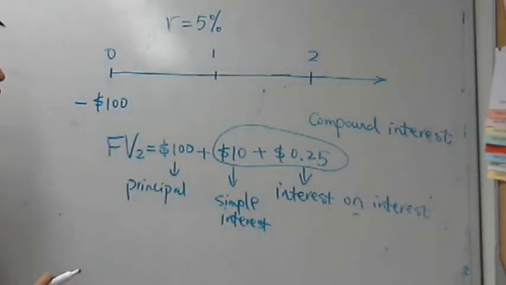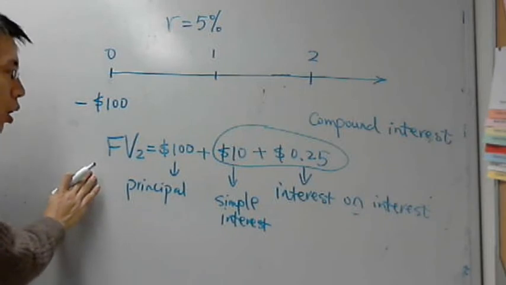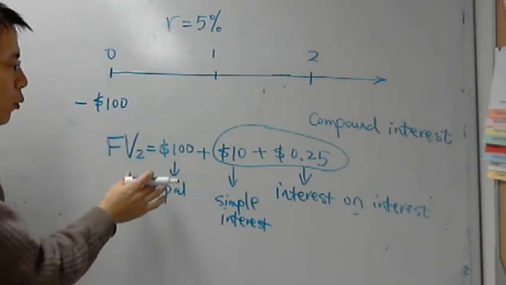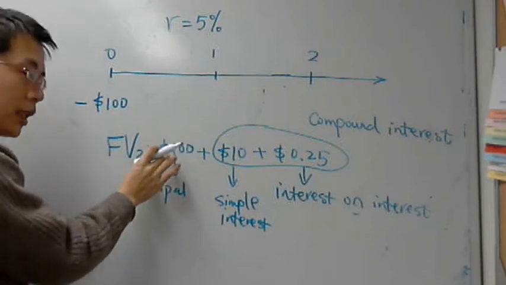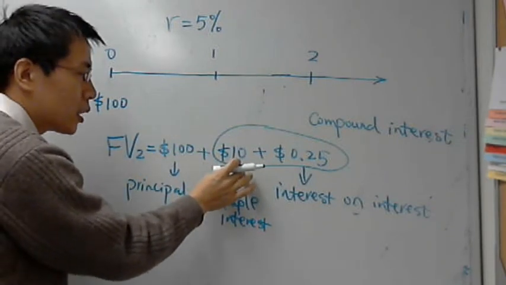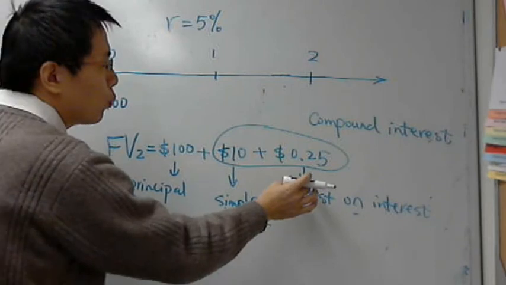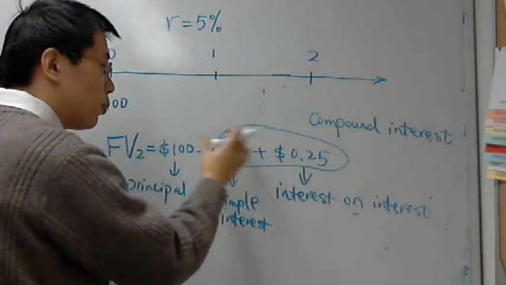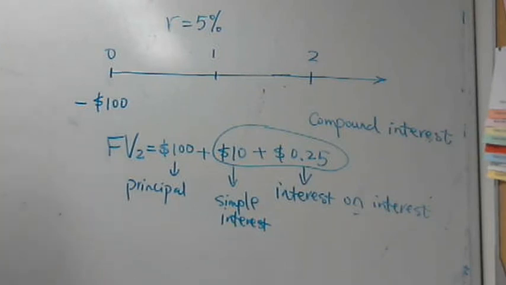While we are computing the future value, we allow the money to grow. We allow the initial deposit to earn interest. We also allow previously earned interest to earn interest. So the process of allowing previously earned interest to earn more interest is called compounding.